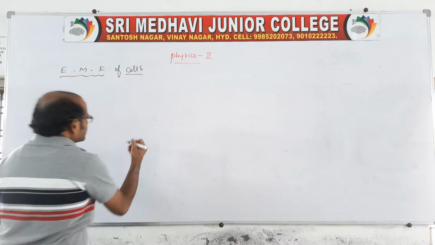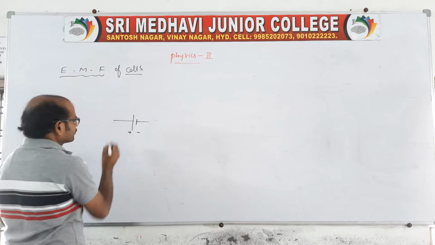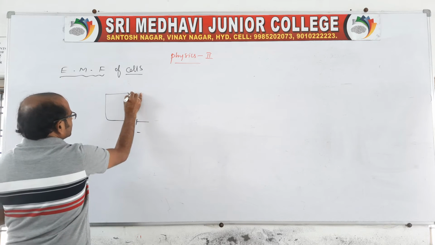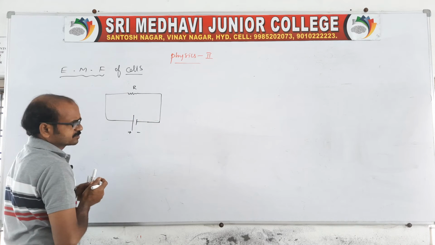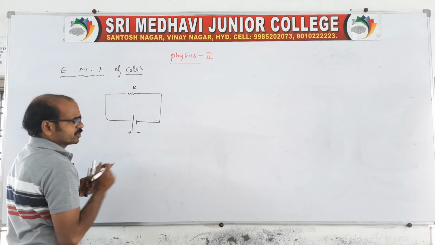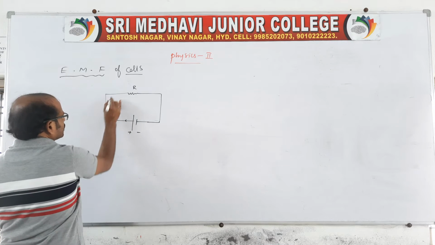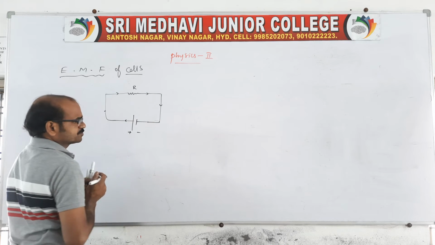Take a battery, that is a cell, with one terminal positive and one negative, connected to an external resistance R. There will be a flow of charge, or current: the positive charges move from higher potential to lower potential.